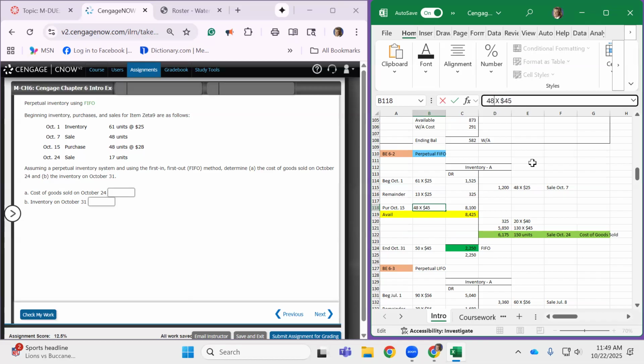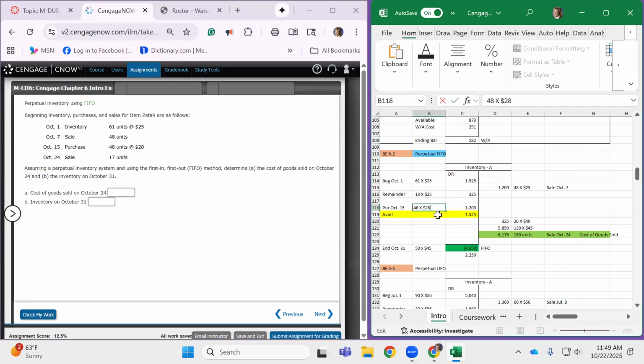So we bought 48 more at a cost of 28. Okay, so let me put the math in here. We bought 48 times 25.